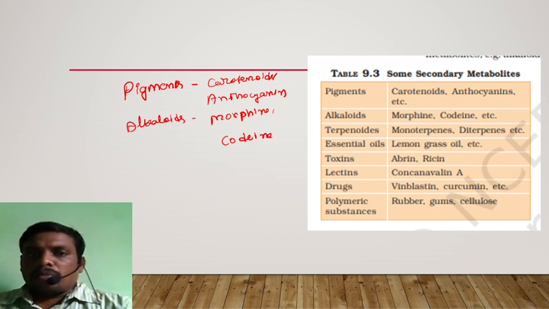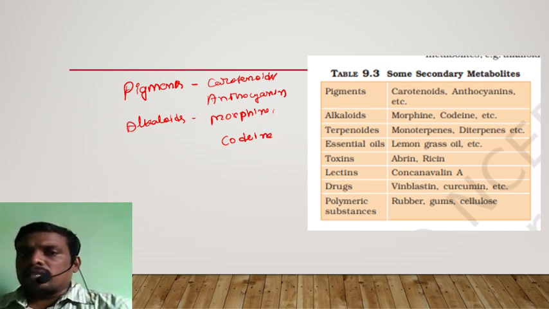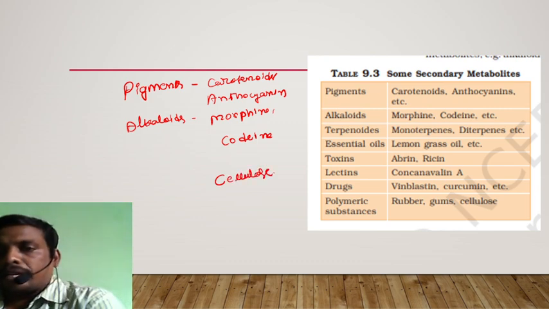About morphine and cocaine we have already learned. And terpenoids, monoterpenes and diterpenes, essential oils, lemongrass oil, toxins like abrin and lectins, concanavalin A, drugs like vinblastine, curcumin, and polymeric substances like rubber, gums and cellulose are called secondary metabolites.